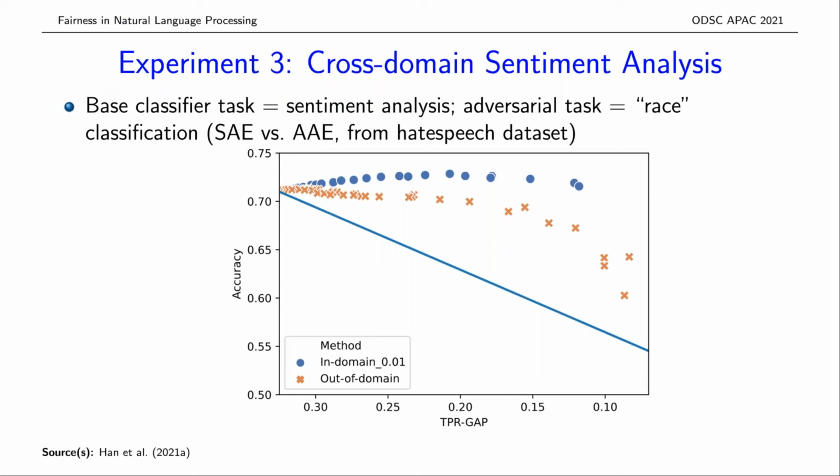You can see this fanning out effect as we go from left to right as the gap decreases. So definitely, if you have access to in-domain, you should use it. But if not, you get something out of it. You certainly get some reduction in bias in using out-of-domain data. I don't have the standard model without any debiasing at all, but that's lower again.